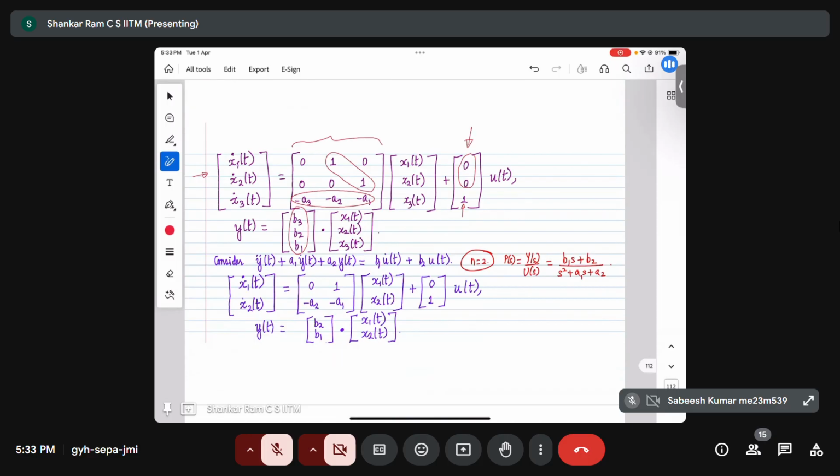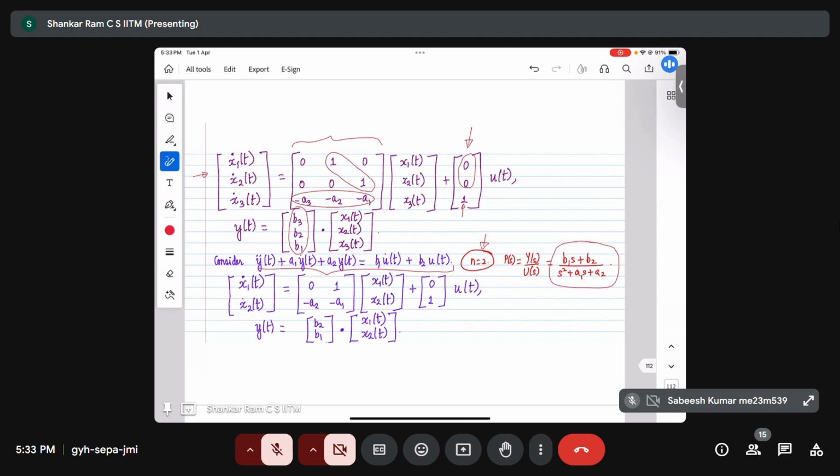Now we consider a second order system for which the general governing equation is this, and the transfer function is written as B1 s plus B2 divided by s squared plus A1 s plus A2. Now, how do we write the controller canonical form? There are two state equations.